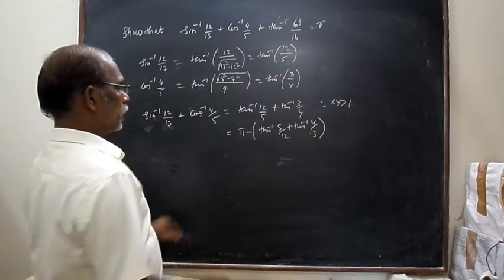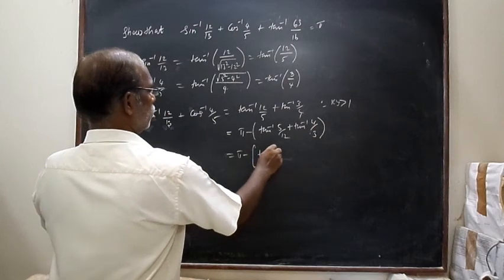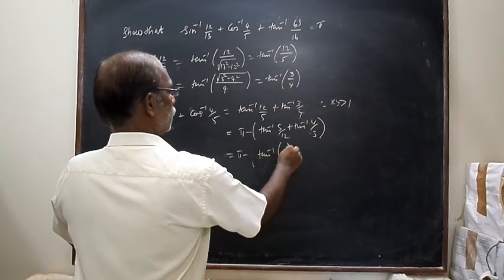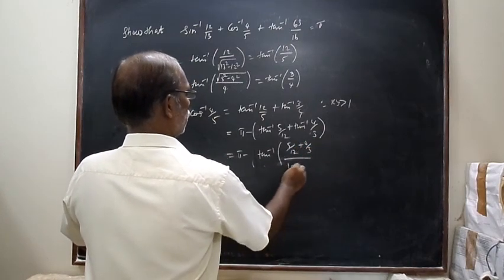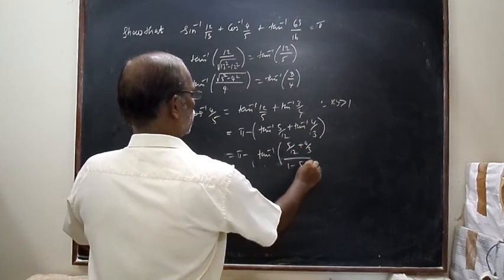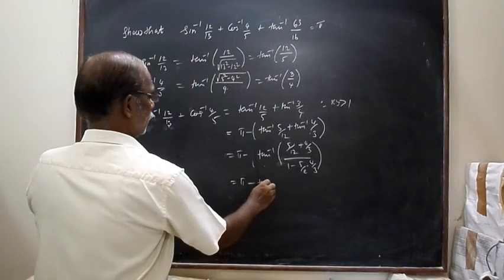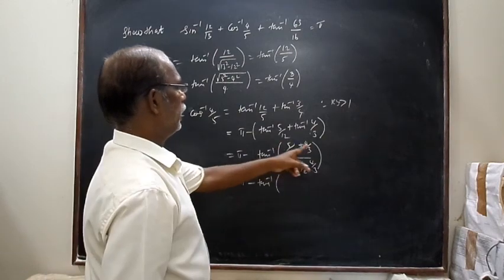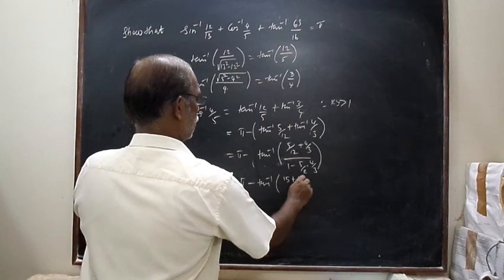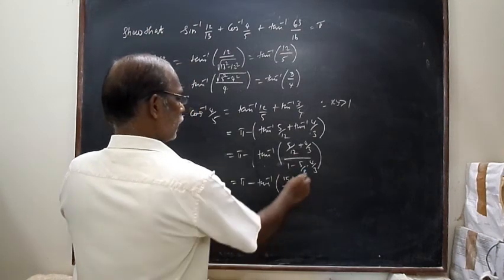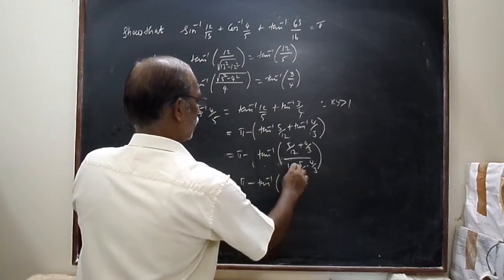This is very important. Then pi minus tan inverse of (5/12 plus 4/3) over (1 minus 5/12 into 4/3). Then pi minus tan inverse of 5 into 3, 15, plus 4 into 12, 48, over 12 into 3, 36, minus 5 into 4, 20.